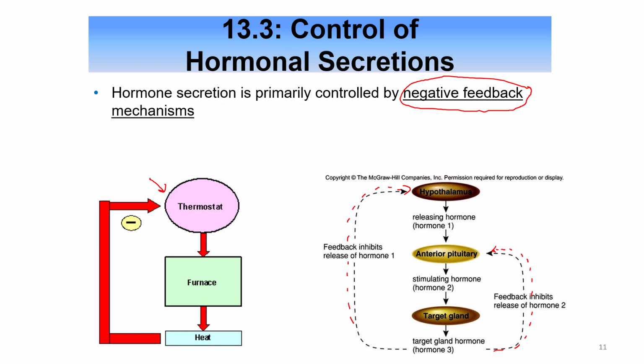So for now, for this negative feedback mechanism, know that hormones inhibit glands that make them or help make them.